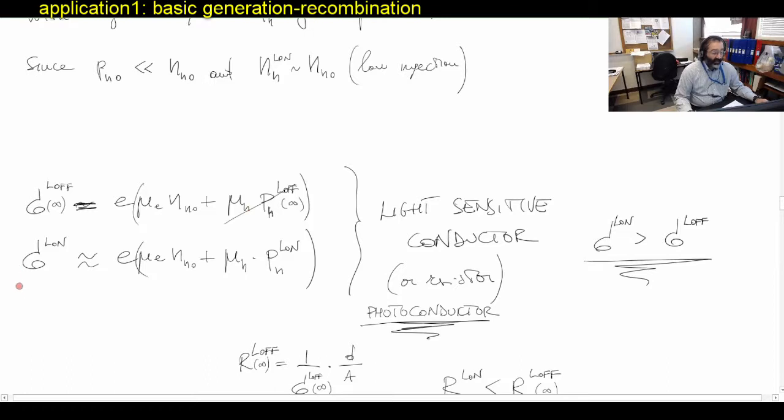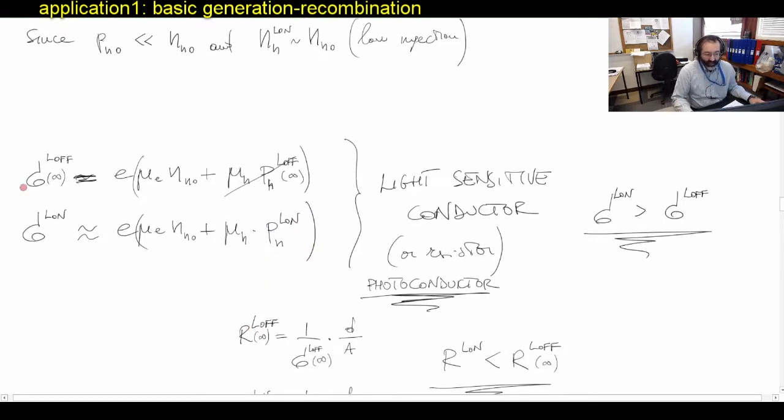On the other hand, sigma when the light is on is this one here. The density of the P carriers is very important now, because it can become quite large. It's much bigger now when the light is on. So this means that we can actually vary sigma, because the contribution of the P carriers is either negligible or very important.